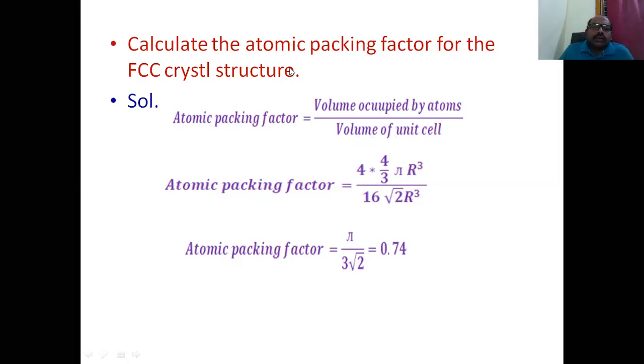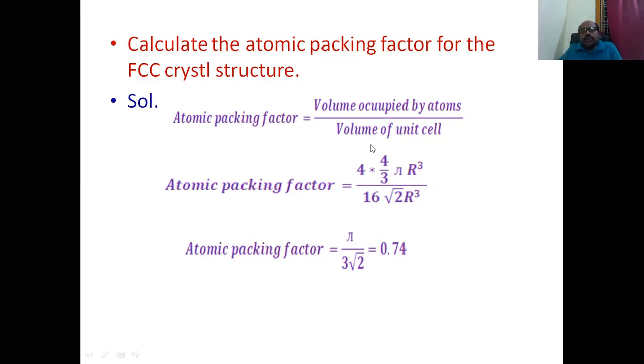For FCC lattice, there are 4 lattice points per unit cell, or we can say if a monoatomic basis exists, there are 4 atoms. So the number of atoms per unit cell is 4, and volume of each atom is 4 by 3 pi r cube. Therefore volume occupied by the atoms is 4 into 4 by 3 pi r cube divided by volume of the unit cell.